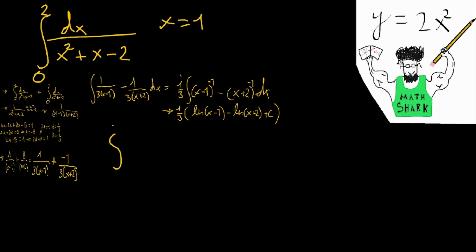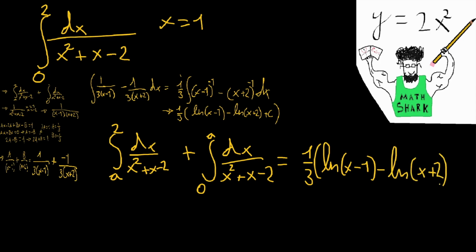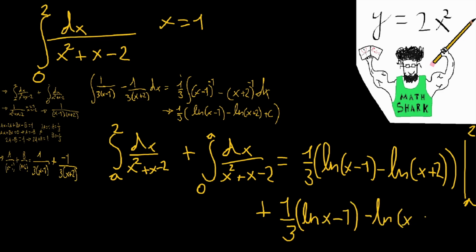And so we get our original two integrals split at a: the integral from 2 to a of dx over x squared plus x minus 2, plus the integral from a to 0 of dx over x squared plus x minus 2, is equal to 1/3 ln x minus 1 minus ln x plus 2 to the boundaries of 2 and a, plus 1/3 ln x minus 1 minus ln of x plus 2 to the boundaries of a to 0.